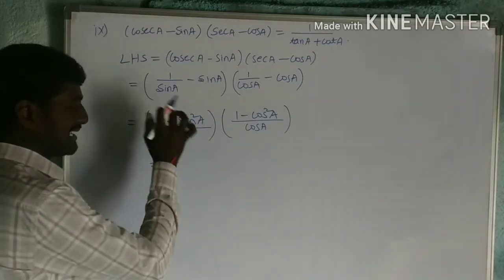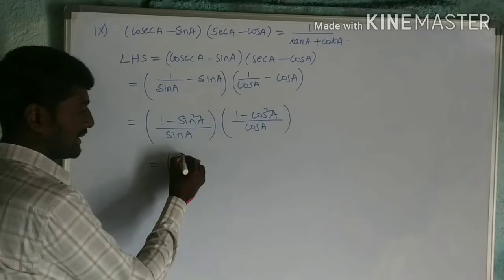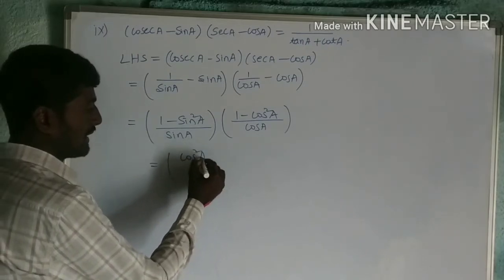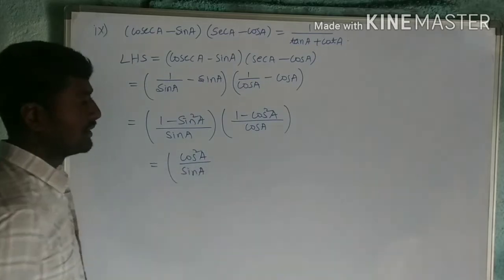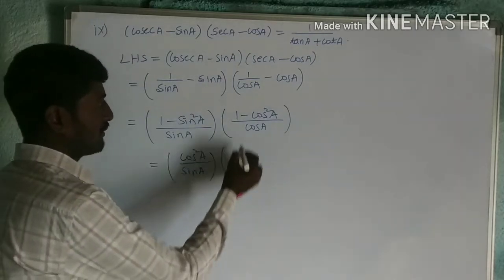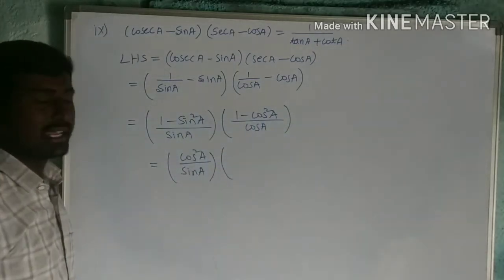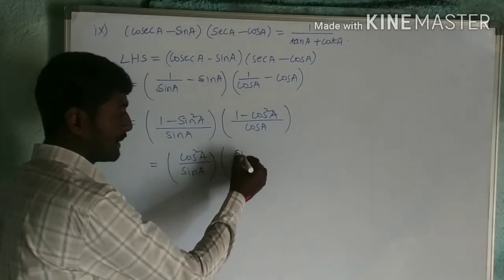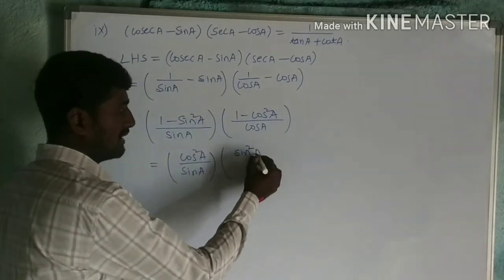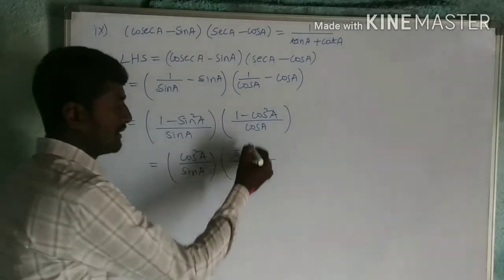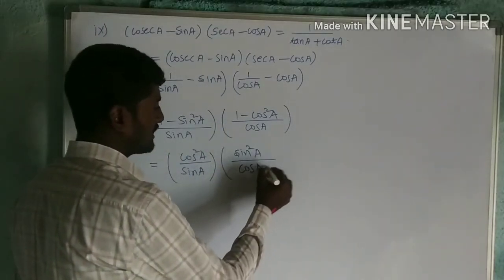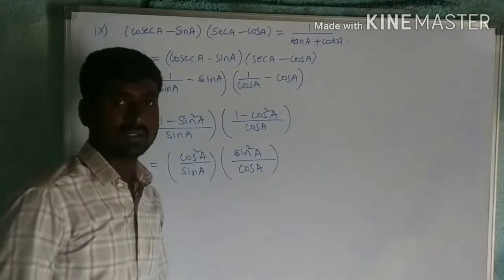So by using that identity, 1 minus sin square a is equal to cos square a divided by sin a. Now next step, 1 minus cos square a, the same formula is used here. 1 minus cos square a is nothing but sin square a divided by cos a.